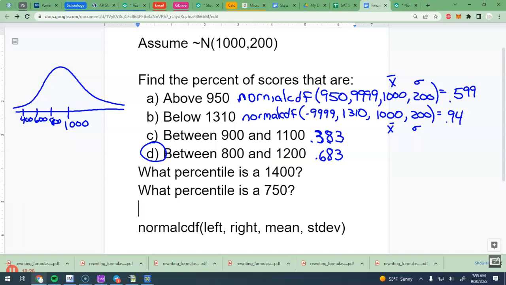Thank you. What percentile is a 1400? How do you find percents? Normal CDF. And I want everything below that number, so negative 999 to 1400, and then tell the calculator the mean, the standard deviation, label it.